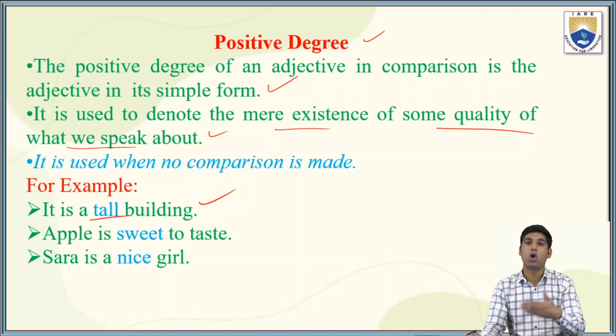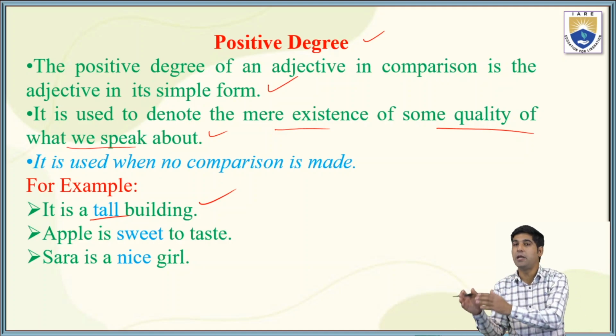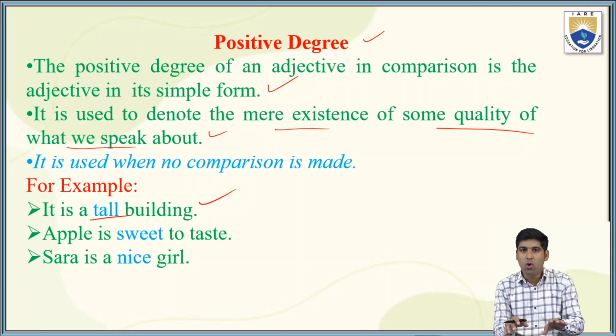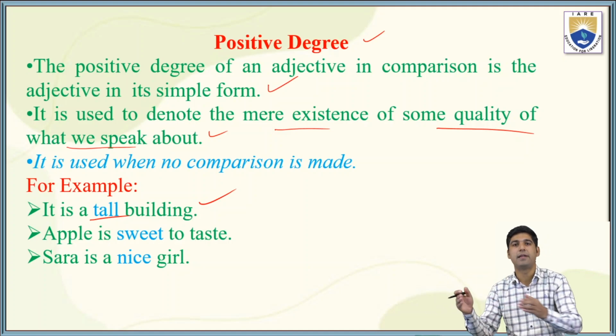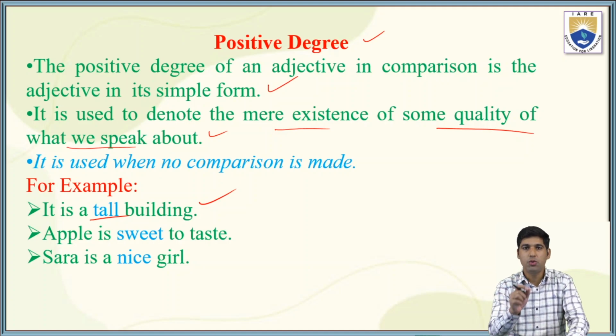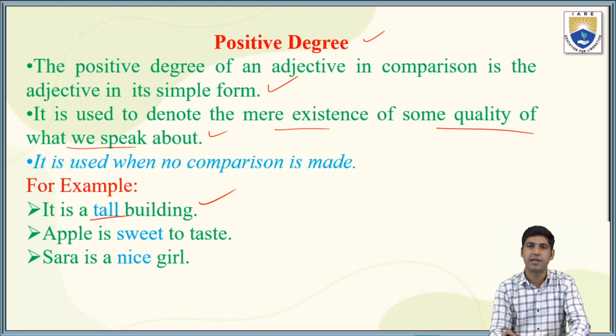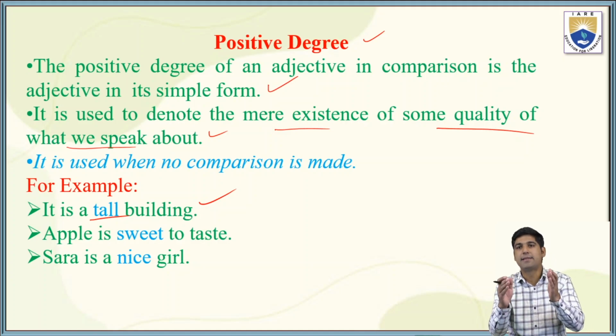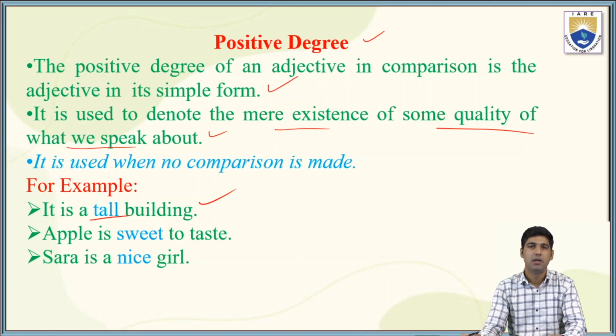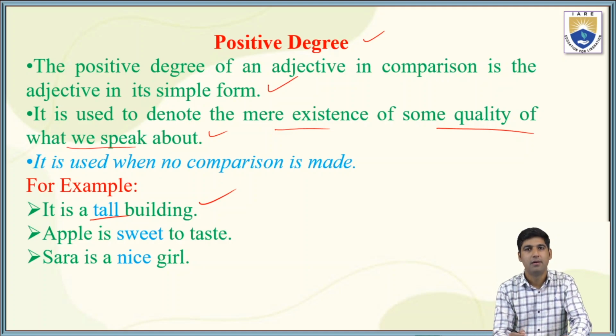But if I tell you it's taller than other buildings, that means I am making a comparison with other buildings. So it's not only its mere existence now, rather I am comparing this building with others. So the positive form of an adjective, or positive degree, denotes the mere existence of some quality of what we speak about, like we speak about the building here.